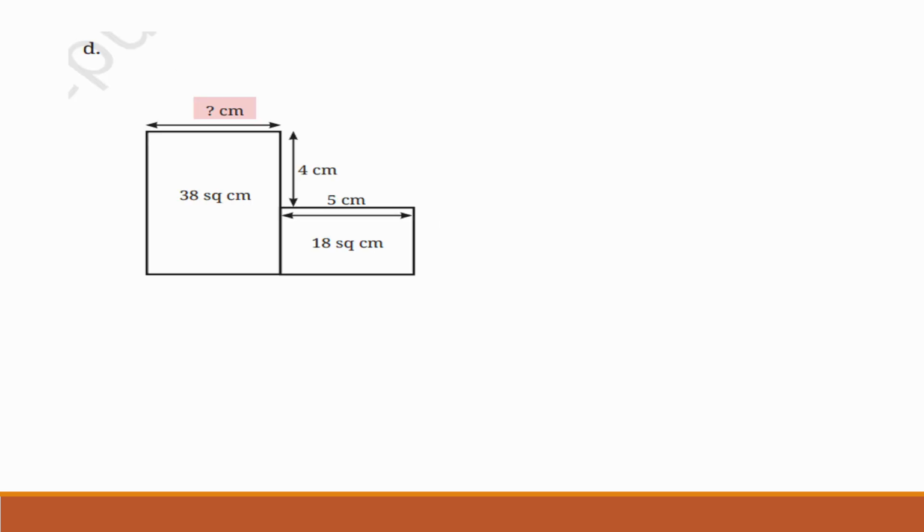Next figure. See this rectangle. Its length is 5 centimeter. Area is 18 square centimeter. So we have to find the width. Width is equal to 18 divided by 5. That is 3.6 centimeter. So width is 3.6 centimeter. So here it is 3.6 centimeter. Here it is 4 centimeter.